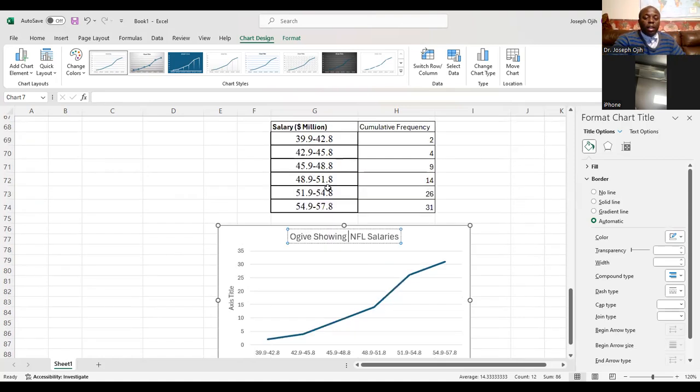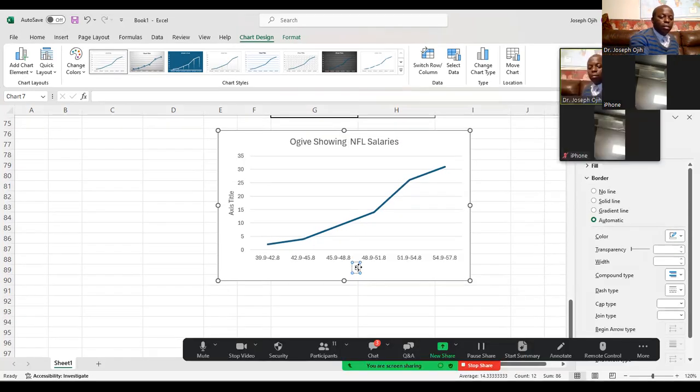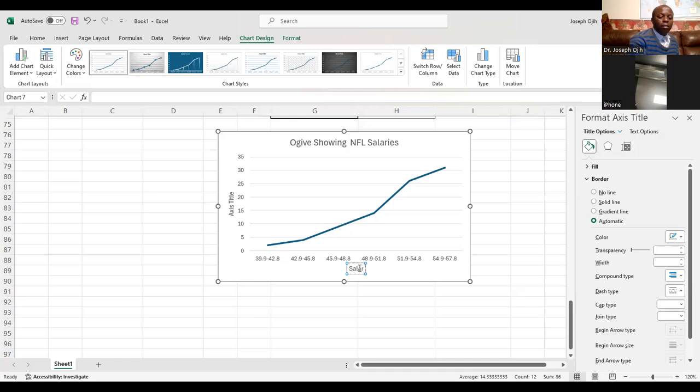Now I can see the interval against the cumulative frequencies here. So now we can put the rest of them. This is the salary in millions of dollars.